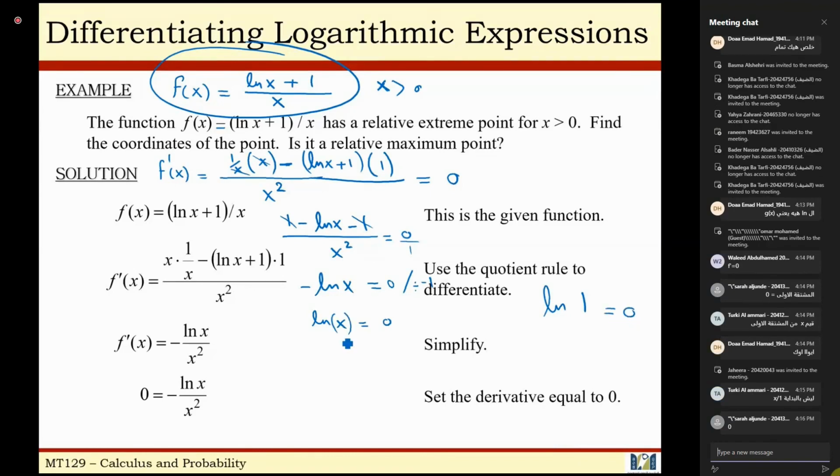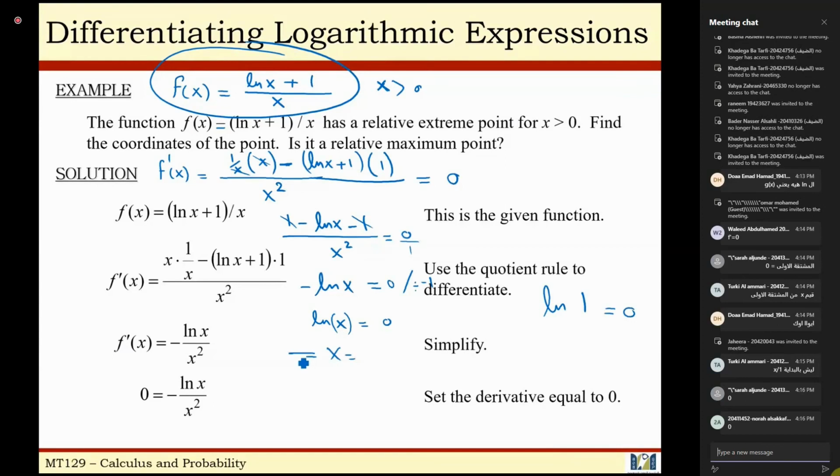So must be x equal what? Equal 1, because ln 1 equals 0. Okay, so we have only one critical value. We check this is maximum or minimum.